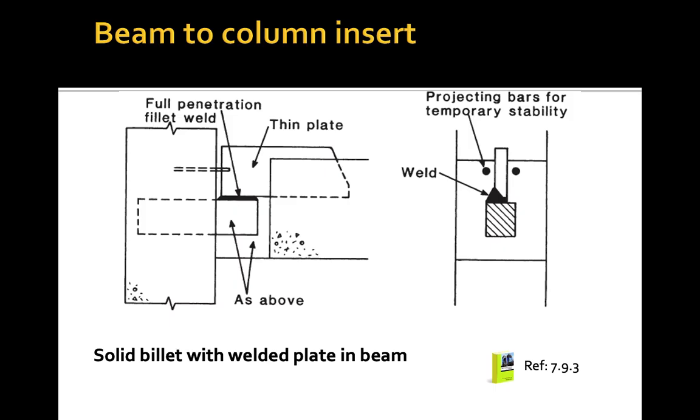So we are going to use the welding method. Here we are going to have the projecting bars for temporary flexibility, and this is where we are going to have the weld between the connection. So this is the part that is connected to the column, and this is the part that is connected to the beam.